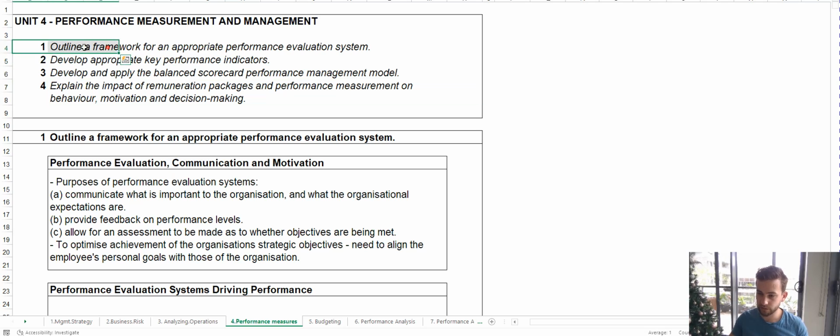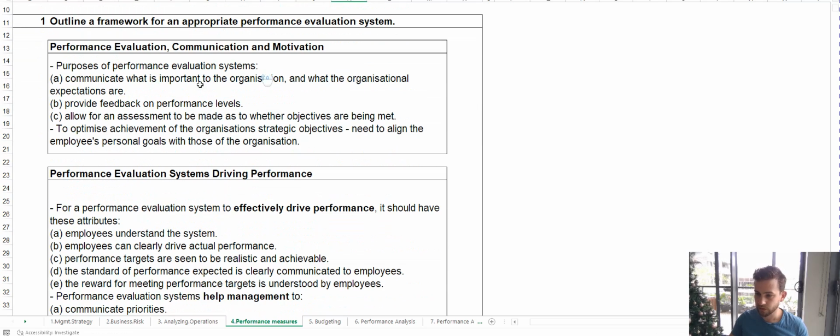So let's deep dive into this, number 1, which is the framework for an appropriate performance evaluation system. Okay, so first of all, let's talk about performance evaluation systems, what they are, what they do. So, performance evaluation systems, A, communicate what is important to the organization and what the organizational expectations are.